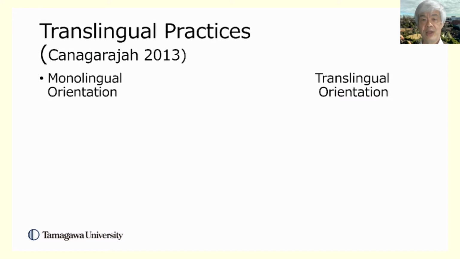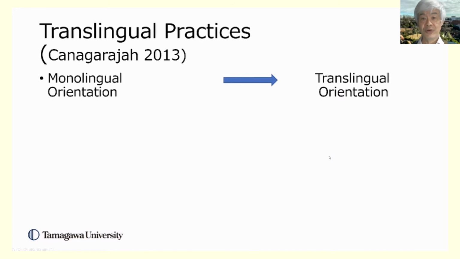But it is a very nationalistic, kind of ethnocentric view to think that Japanese is the only language and everybody has to speak Japanese, etc. But it is not true in many parts of the world.